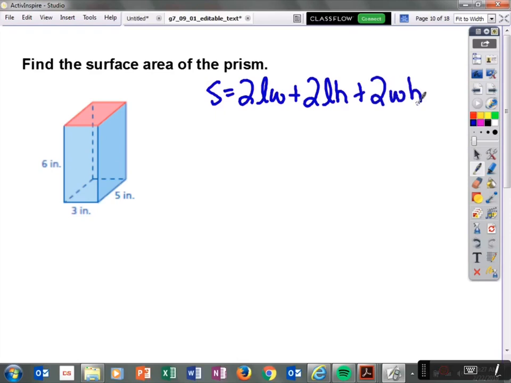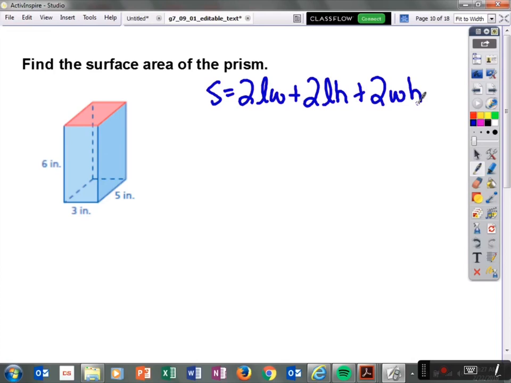L and W stand for length and width, length and height, width and height. Notice there's only 2 L's, right? We don't want 3 L's. 2 W's and 2 H's. If you ever look and you've accidentally written down 3 of any of those, you probably messed up somewhere. So look and see what you only wrote down once so that you can replace one of the 3.